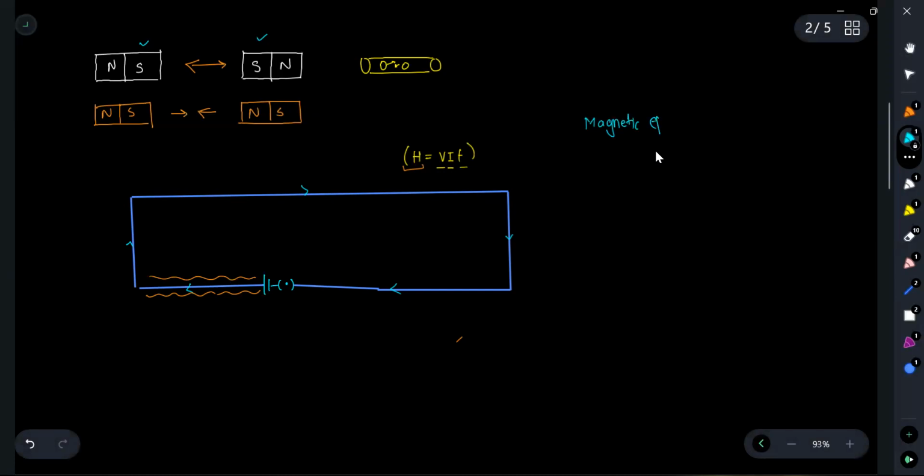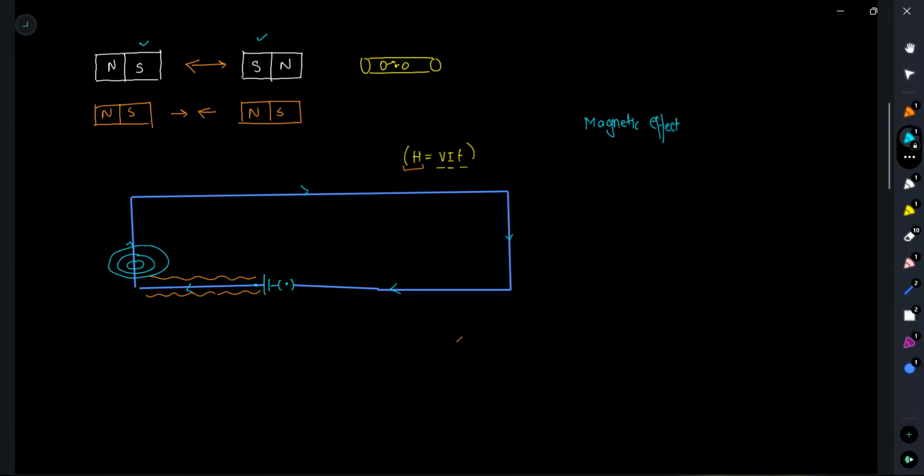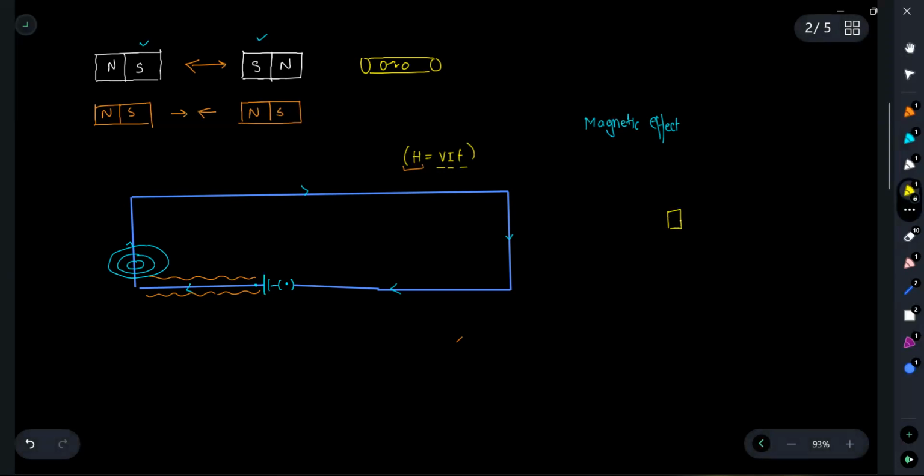Magnetic effect. So let's see what the magnetic effect is. Magnetic effect is basically that around this wire there are some magnetic fields that start to develop once the current flows through it. So there are some field lines. And what do field lines mean? Let's say this is an object that is non-magnetic.